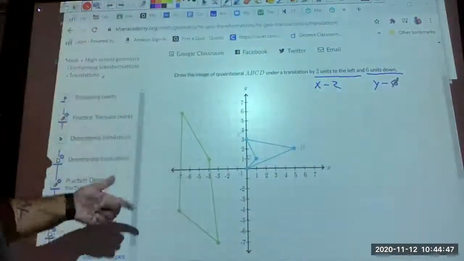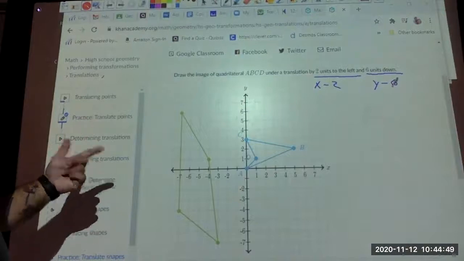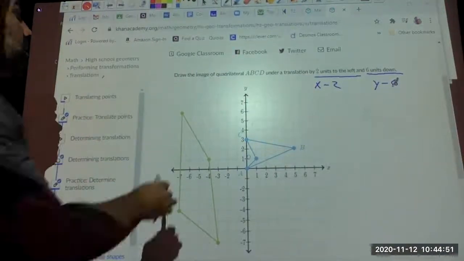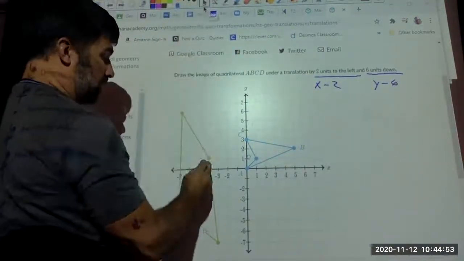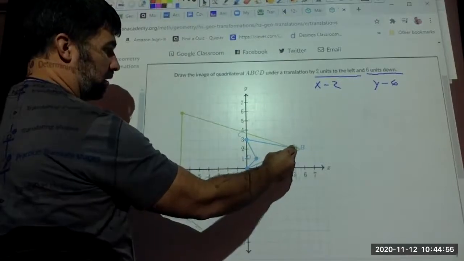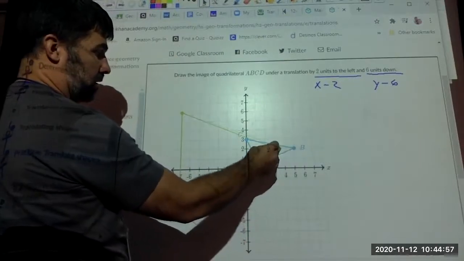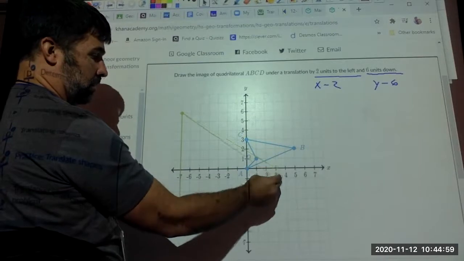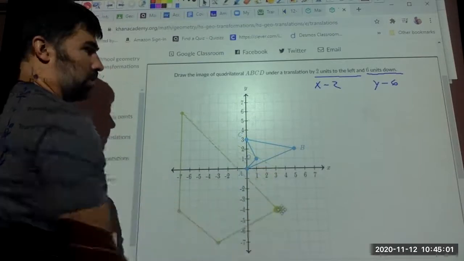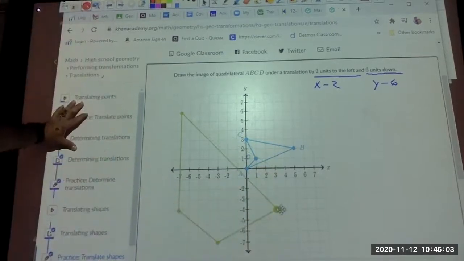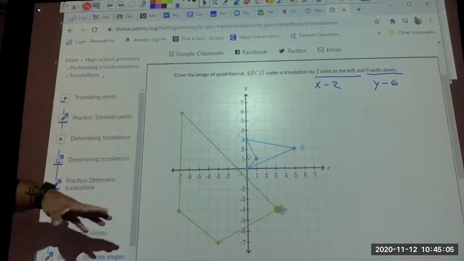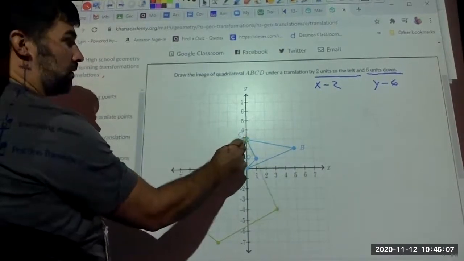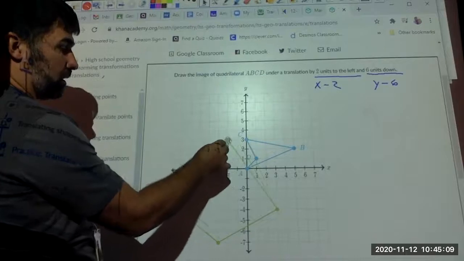But we're taking each coordinate, left 2, down 6. If you want to start here, we'll go from B. Left 2, down 6. 1, 2, 6. So this is the translate points. You're just doing it 4 times. So left 2, down 6.